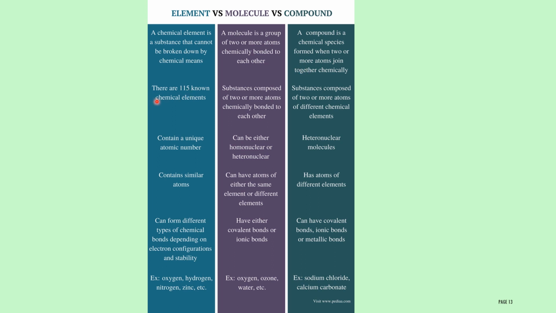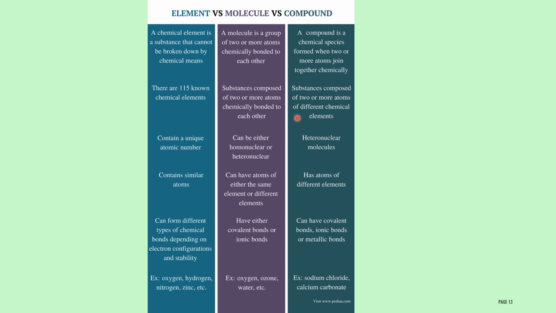Then element: there are 115 known chemical elements in the periodic table. Molecule: substances composed of two or more atoms chemically bonded to each other. Compound: a substance composed of two or more atoms of different chemical elements.